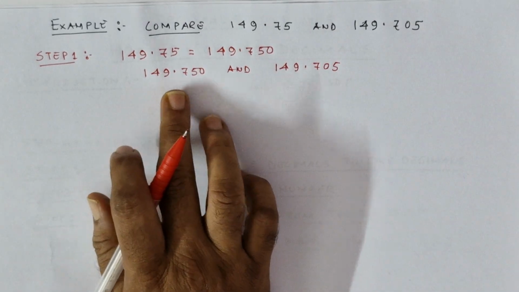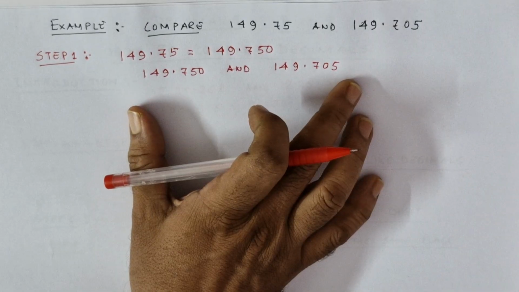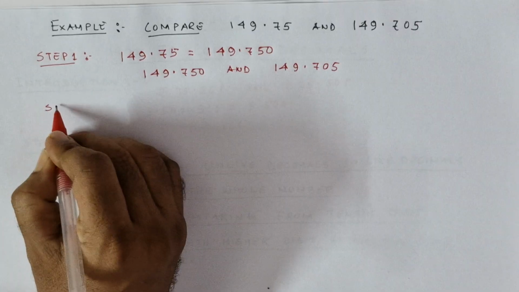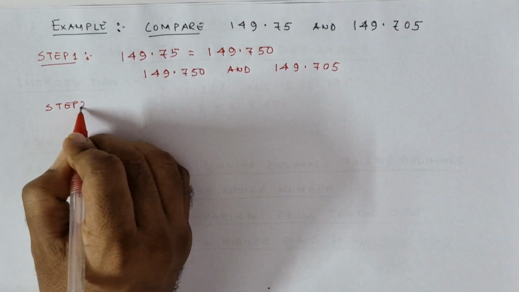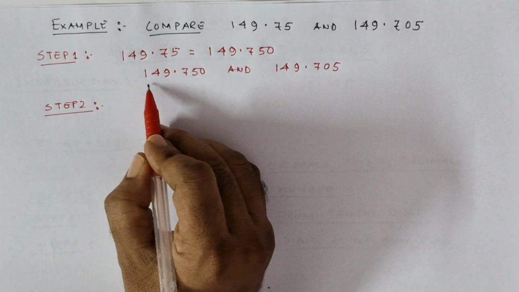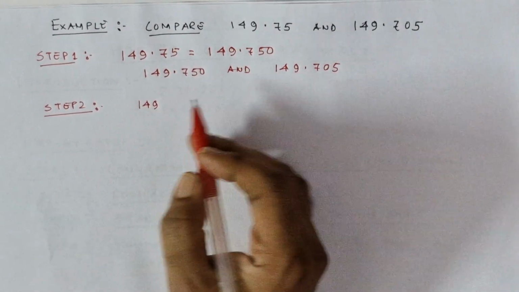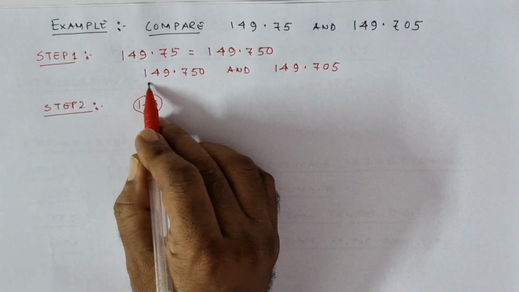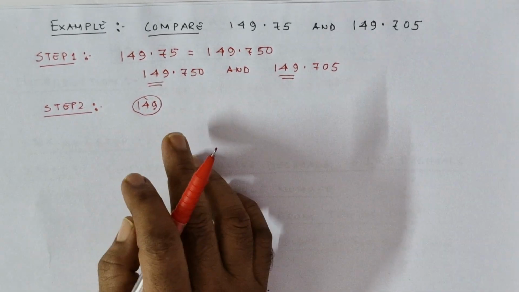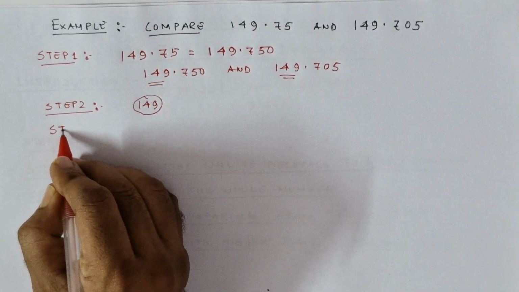After the decimal point both have 3 digits, so these are now like decimals. Recollect step 2: compare the whole numbers. The whole number is 149 in each case. If the whole numbers are the same, go to step 3.